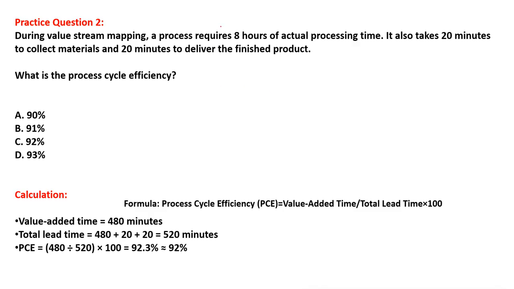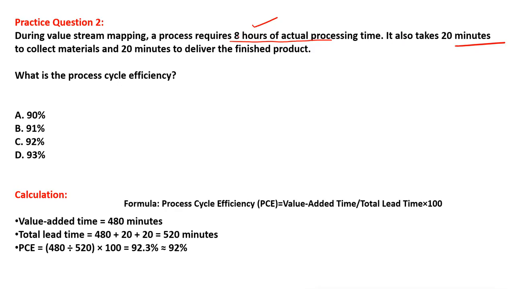The second question is, during value stream mapping, a process requires 8 hours of actual processing time. It also took 20 minutes to collect material and 20 minutes to deliver. The most important thing in this question is the unit. Here they have presented the unit in hours, but the other is in minutes, so you have to make the same unit.